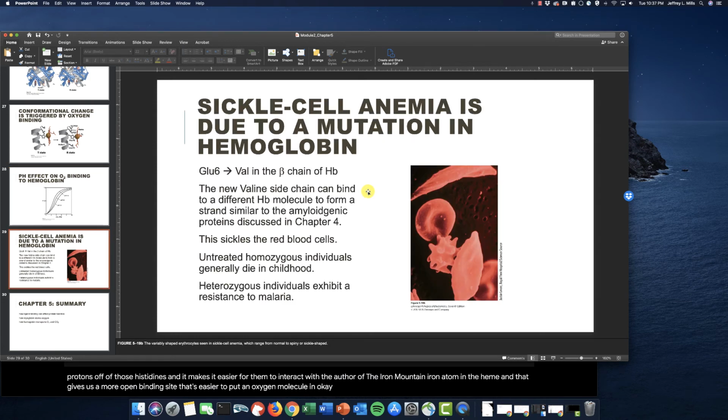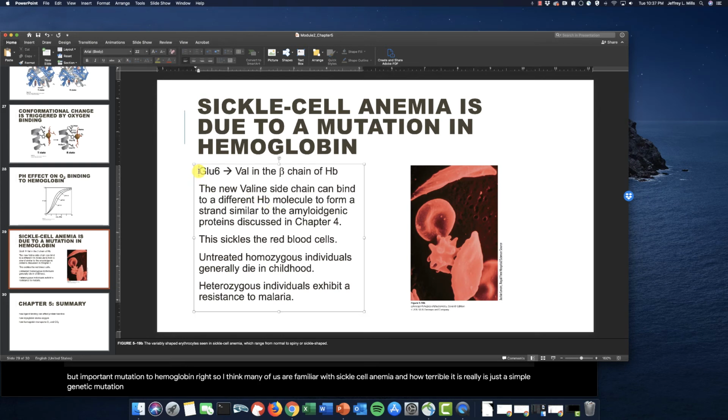Okay, the very last thing that I wanted to talk about is just a simple but important mutation to hemoglobin, right? So I think many of us are familiar with sickle cell anemia and how terrible it is. It really is just a simple genetic mutation, specifically at glutamate 6. Right?